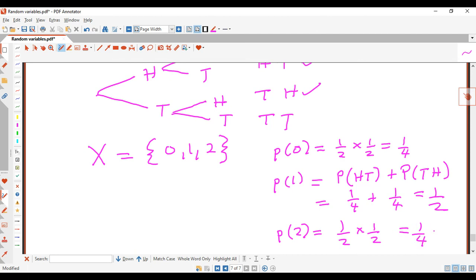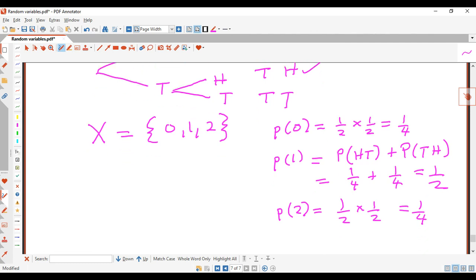Now, you can see here that the probabilities of the number of heads when tossing 2 coins are not the same, because I've got a quarter and a half.